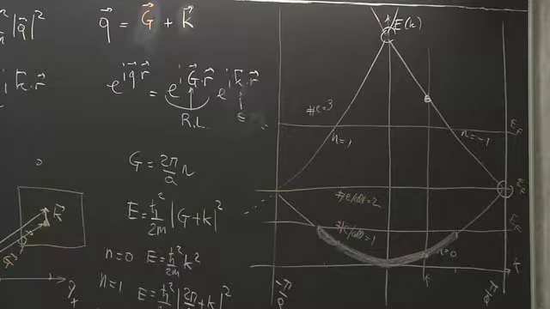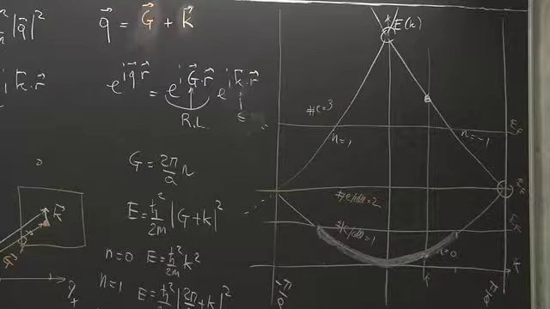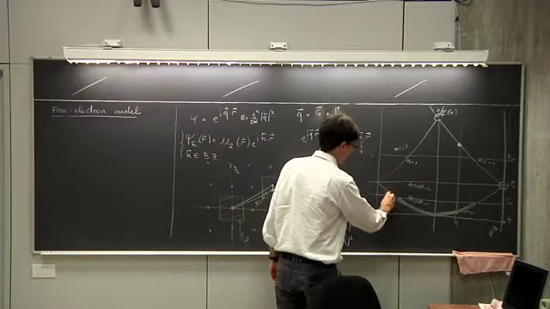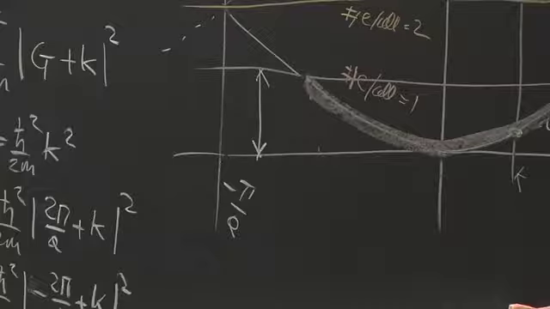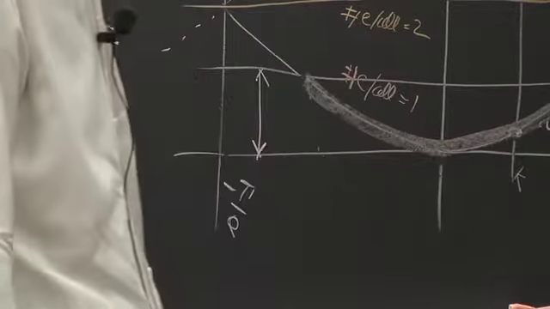I want to make some general statements, because I can make general statements under the assumption that these systems can be described by a free electron model. The first obvious statement concerns the value of the Fermi level with respect to the bottom of the band.